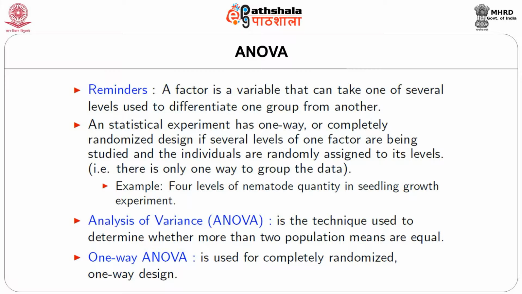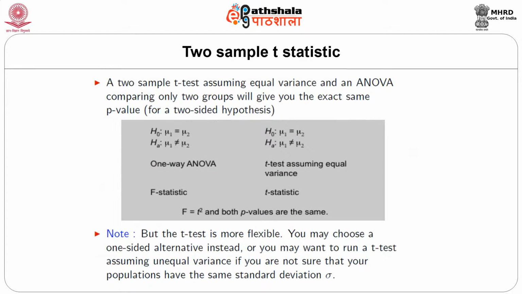Analysis of variance, ANOVA, is the technique used to determine whether more than two population means are equal. One-way ANOVA is used for completely randomized one-way design. A two-sample t-test assuming equal variance and an ANOVA comparing only two groups will give you the same p-value for a two-sided hypothesis.